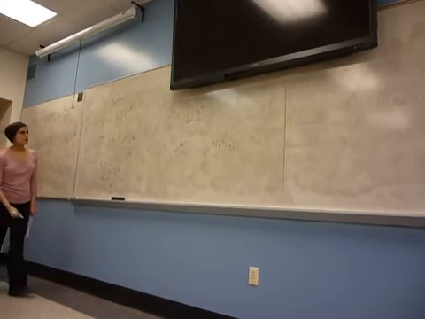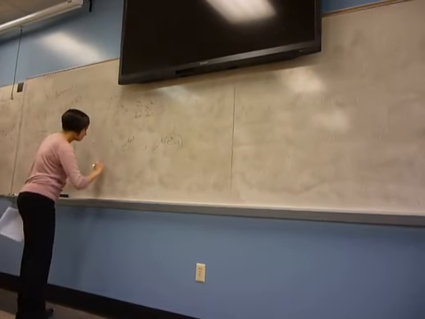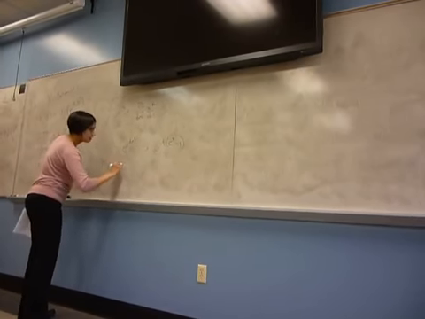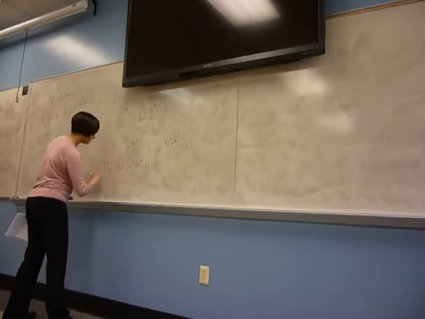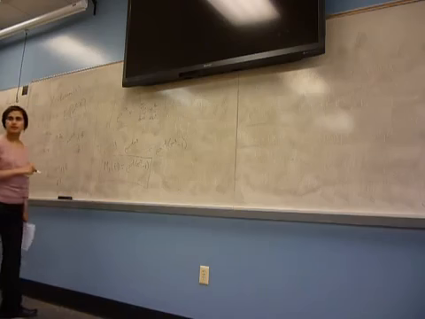So this is the moment generating function for a Poisson distribution.